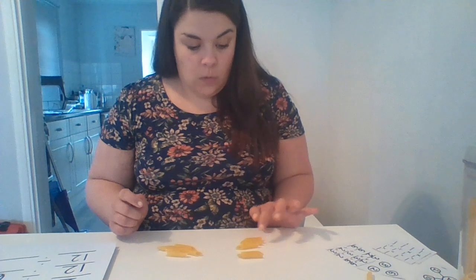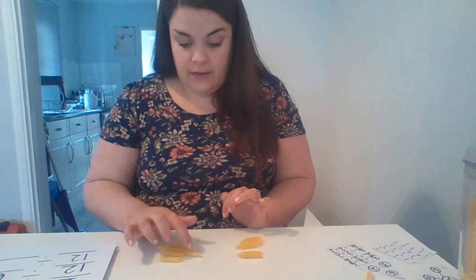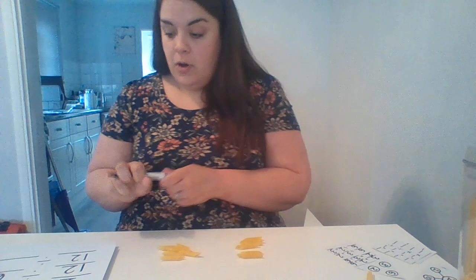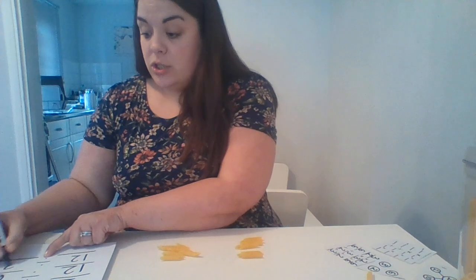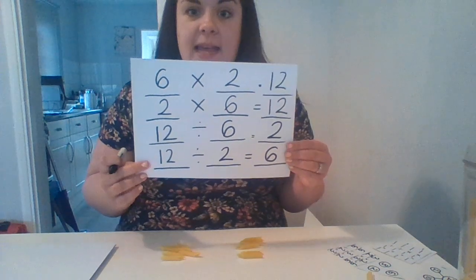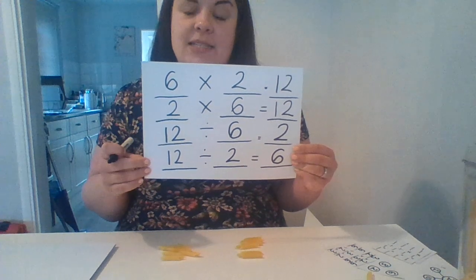Now count how many are in each pile. 1, 2, 3, 4, 5, 6. 6 and 6, they are equal, so 12 shared by 2 is 6. You can see that I've found all the family facts for the multiplication and the division.